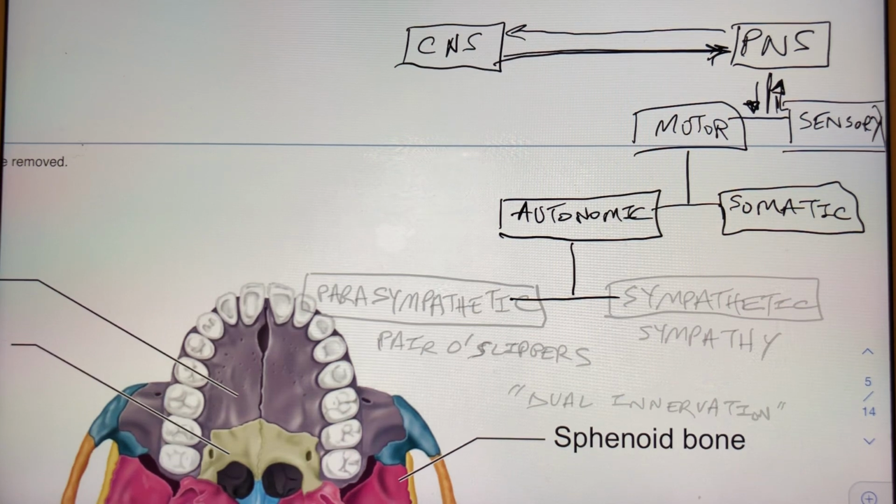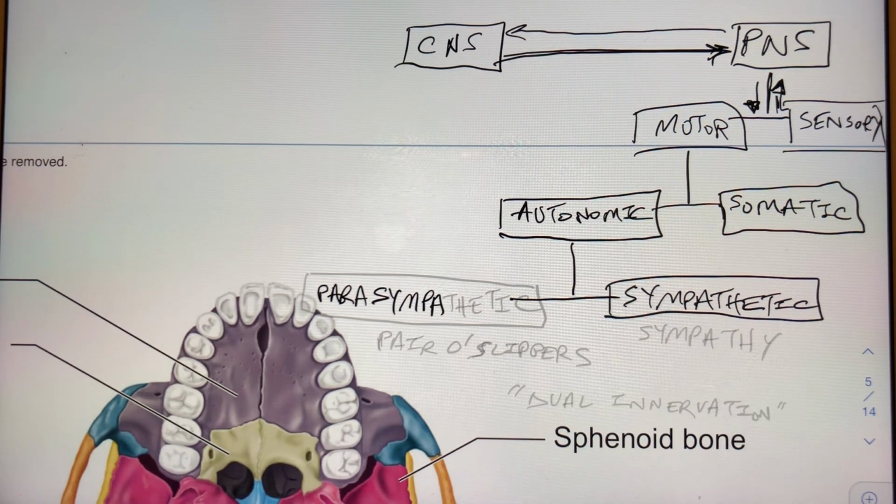Oops, that is not the shape I wanted to make. There we go. Sympathetic, and I never make this short enough. Good grief. Parasympathetic.